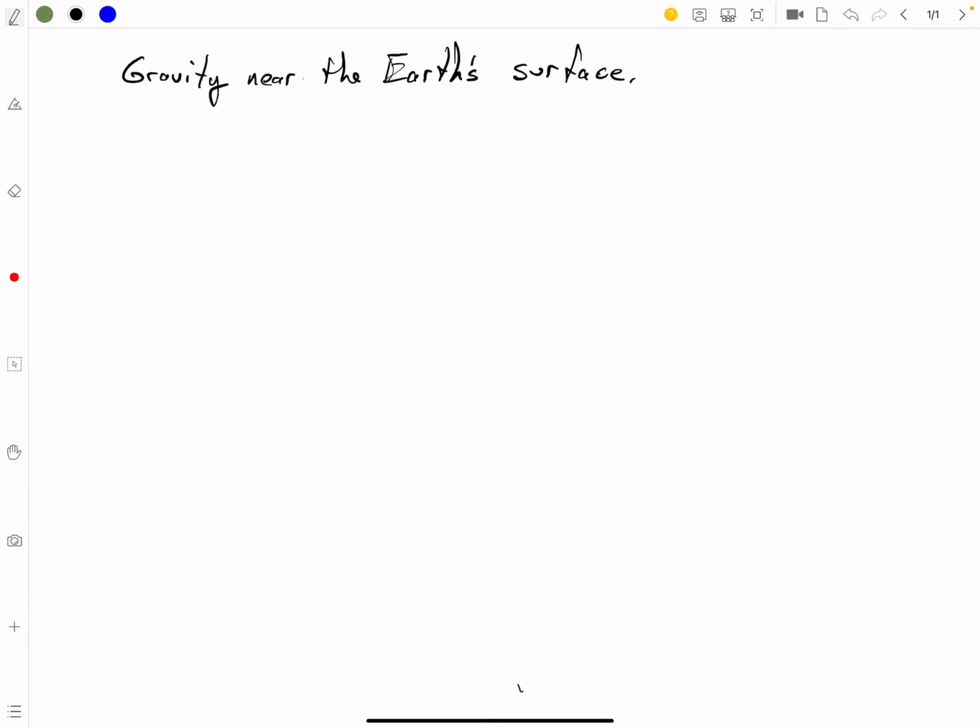All right. So here's the Earth. And that's the radius of the Earth.